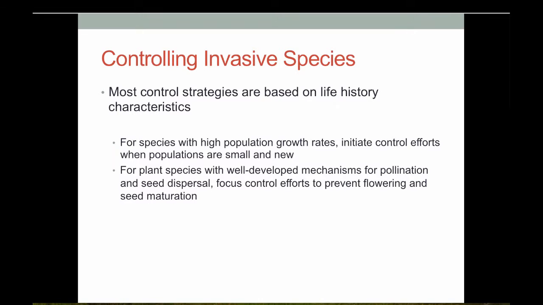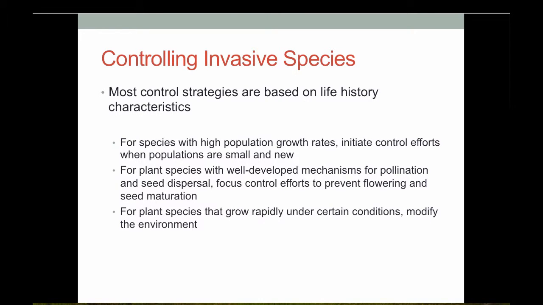and pollination. Another example that we could look at, or a control strategy that's based on these life history characteristics, is that for some plant species that are going to grow really rapidly under certain conditions, you may need to modify the environment, right? And so you may have areas where you are opening the canopy to help foster oak regeneration, based on what we learned last week when we were looking at fire and how that impacts oak hickory ecosystems.